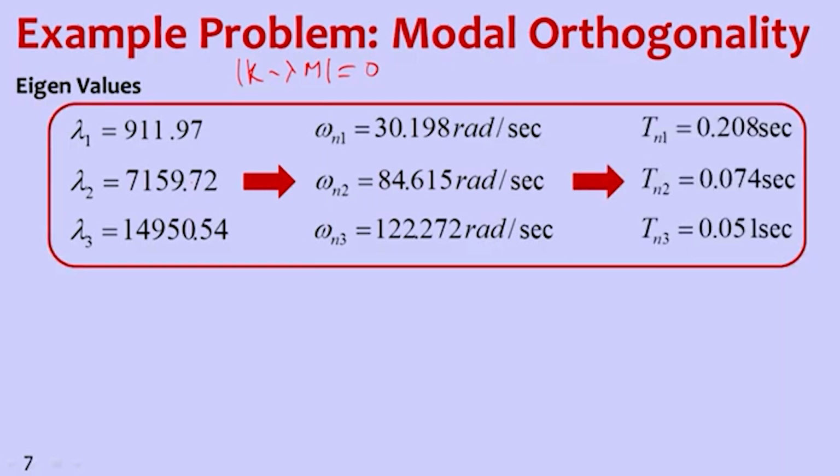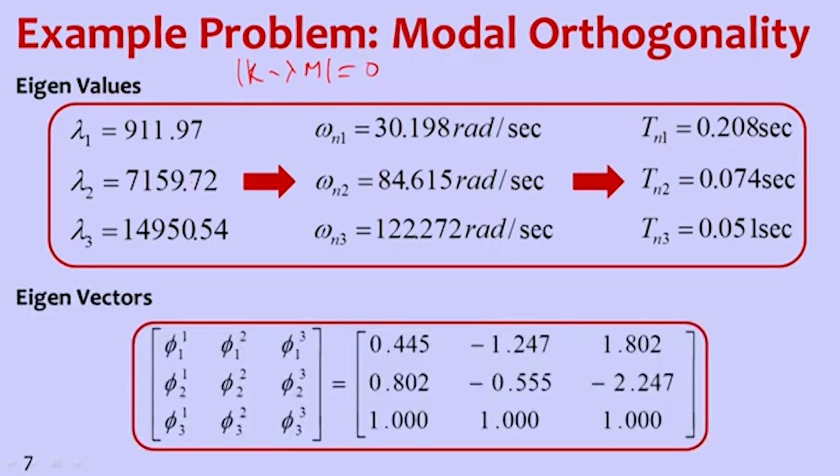The corresponding natural periods are given. Now if we substitute lambda 1 in the equation (k minus lambda 1 m) into phi equal to 0 and solve it, how to solve this we have already discussed in the previous lecture.